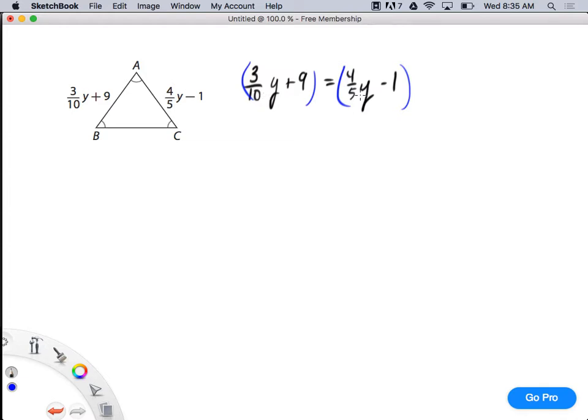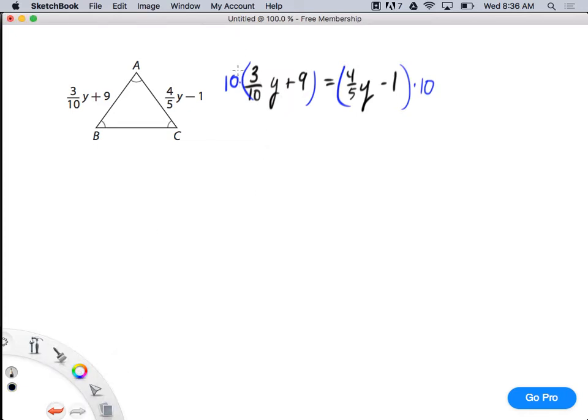So I've got two denominators, 5 and 10. So I have to multiply by the least common multiple. What's the least common multiple of 5 and 10? 10. If I multiply by the least common multiple, then I will always cancel out the denominators.